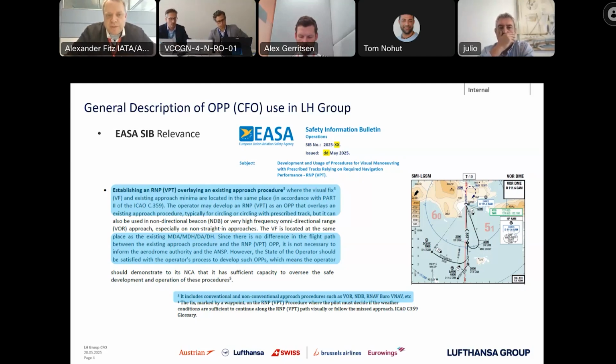There is no necessity to communicate with the aerodrome authority or the local ANSP, as the expected flight track is flown. That of course facilitates increasing the possibility of applications. So there is no new procedure design. We make an overlay to conventional procedures, giving a proper flight track to the landing runway. And Pascal will show you an example for this. Thanks. Next, please.